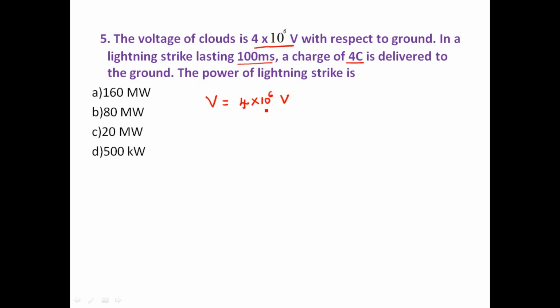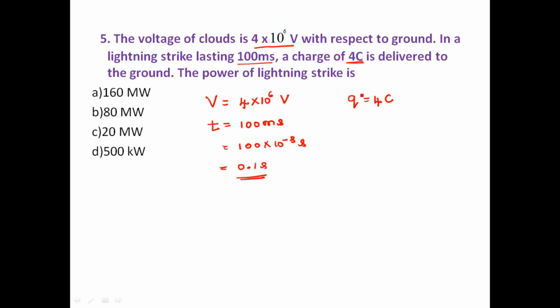The time for which the lightning occurs is simply 100 milliseconds, or 100 into 10 to the power of minus 3 seconds. I can also write this as 0.1 seconds. A charge of 4 coulomb is delivered to the ground, hence I can write Q as equal to 4 coulomb.